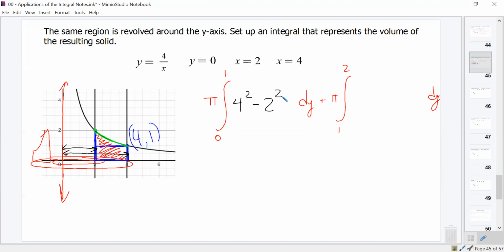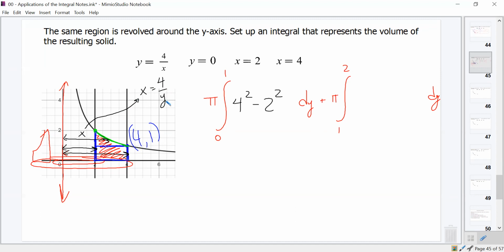When we do our second integral, our outer radius, though, extends from the y-axis over to the function, which is a distance of x. Right? And if we solve this for x, we get x is equal to 4 over y.